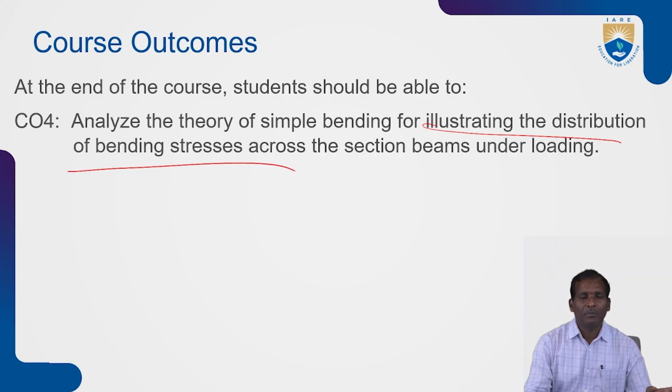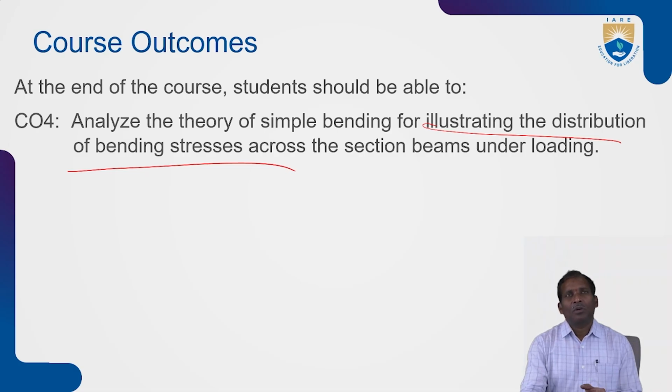Whenever beams are subjected to various loading, how is this shear stress distributed across the section? After completing this topic, students should be able to analyze the theory of simple bending and the distribution of bending stresses across the section.